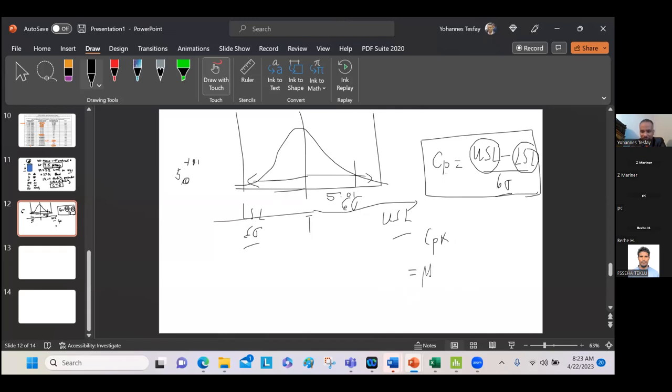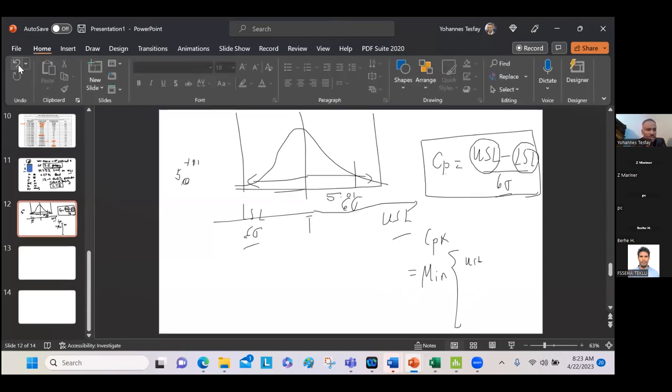minimum of one on the bottom and one on the top. Okay, now what does that mean? Let's say here upper specification limit. Okay, that's very bad writing. Alright? Okay.